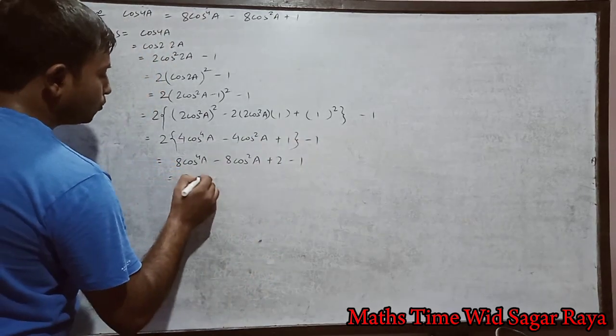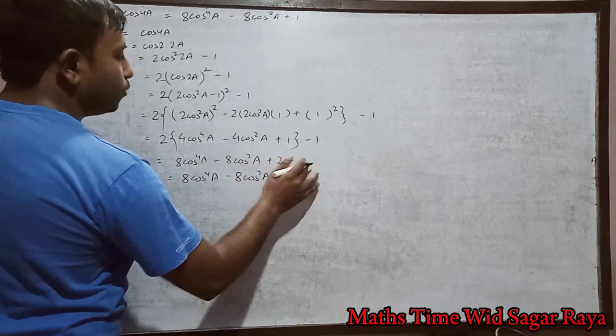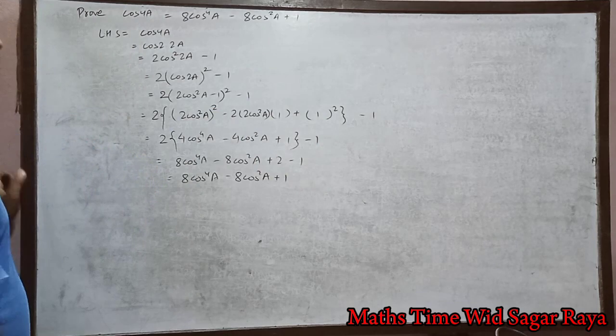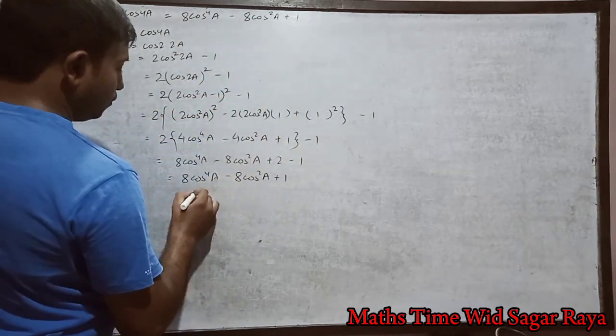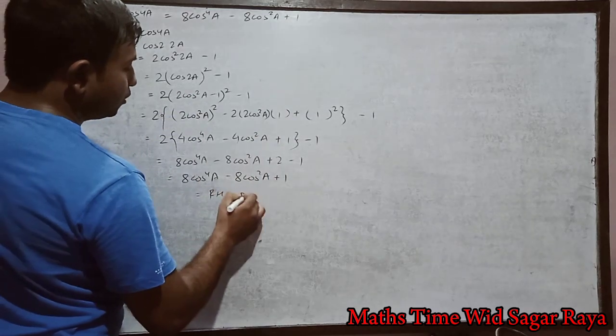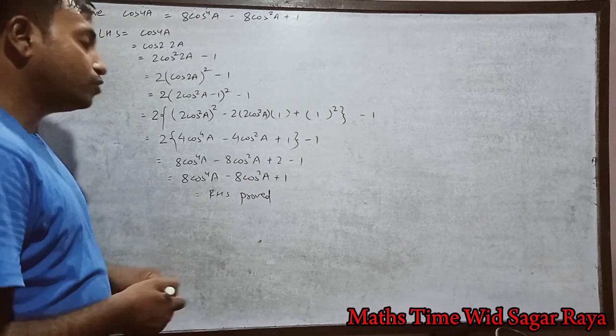Now 8 cos power 4 a minus 8 cos square a, now 2 minus 1 is plus 1. So this is exactly our RHS. Proved. So this is our required solution.